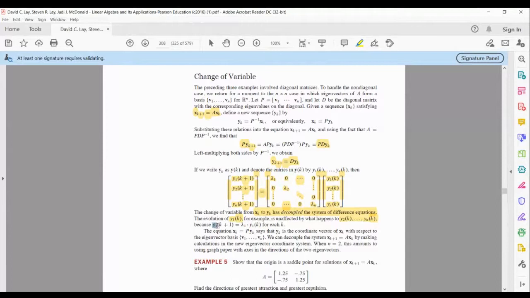Y1 at time k plus 1 would equal lambda 1 times Y1 at time k. So you've decoupled the system. And this is helpful in terms of thinking about what a trajectory would look like if your matrix A were not diagonal.